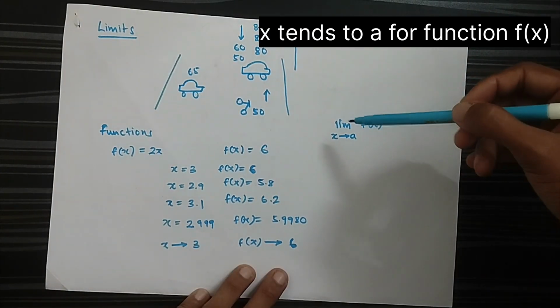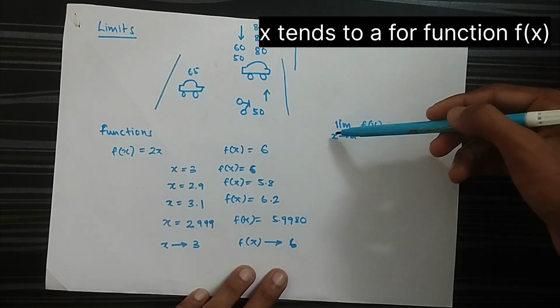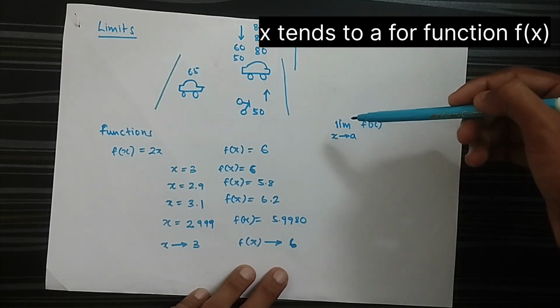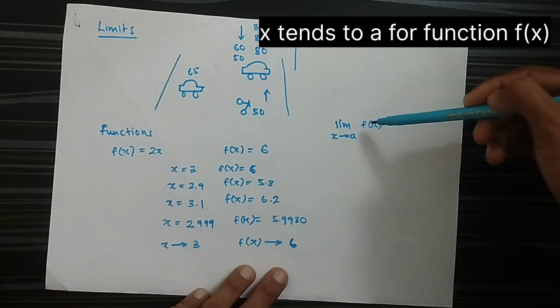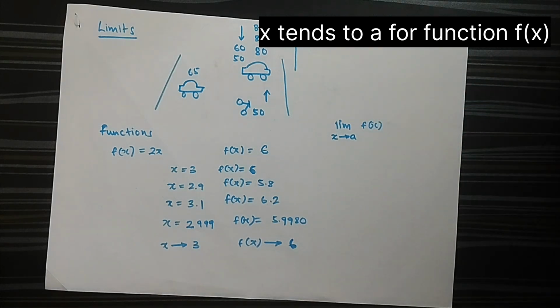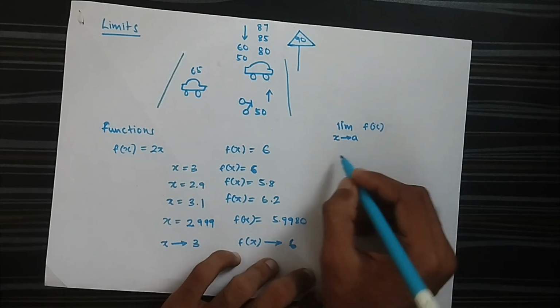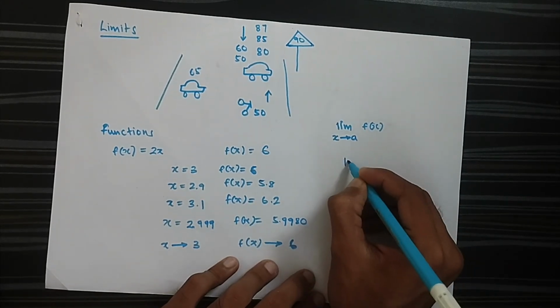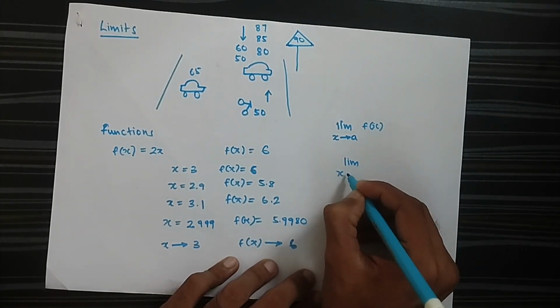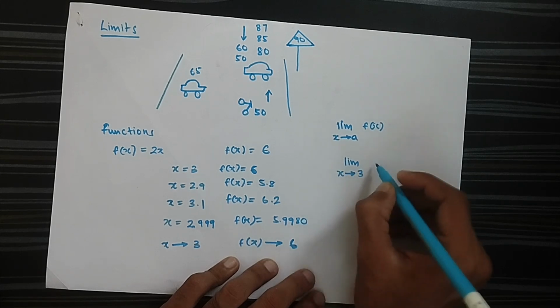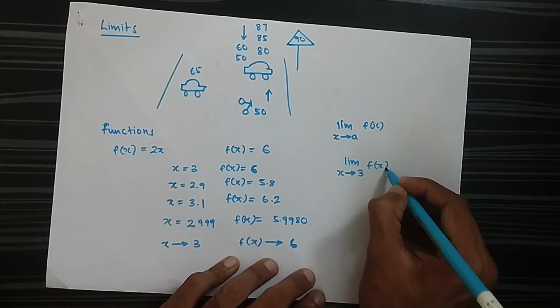There are two ways of reading it: limit of f of x as x approaches a, or limit x tends to a for function f of x. So what did we do in this case? We took the limit as x approaches our number 3 for the function f of x.